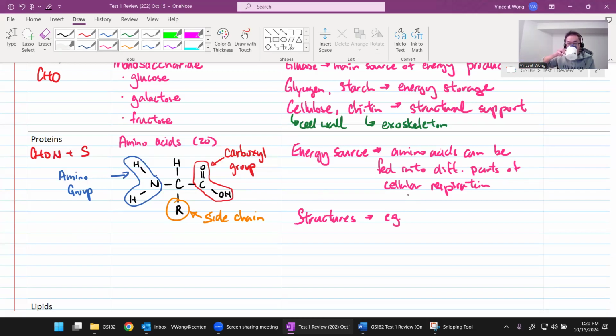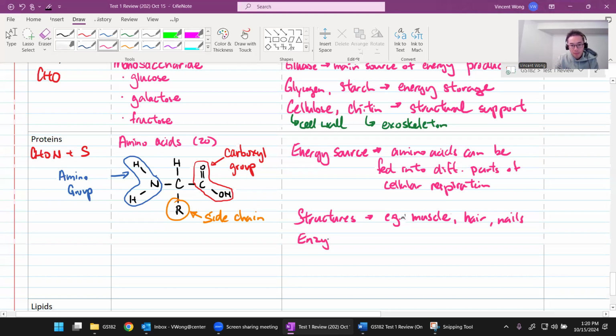Muscles and hair. Yes, very good. Okay, so muscle is a lot of protein. That's why we also eat meat, right? Meat is muscle, to get proteins. Hair, nails. Good.